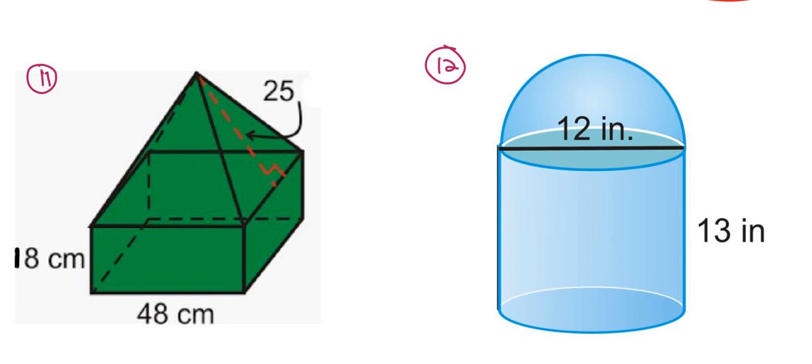And I should mark this. We're going to say this is a square. So these are all 48. So I'm going to start with the rectangular prism piece. And for that, it's going to be 48 times 48 times 18.